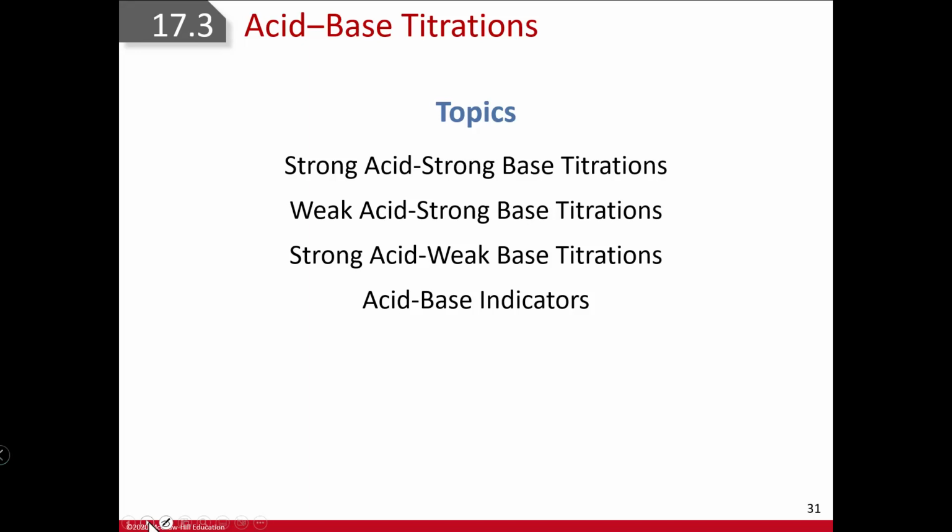Once the base reacts with the ammonium ion, there's a fairly strong conjugate acid left over, and that will donate a proton to water and make an acidic solution. So that's what we're going to be looking at.